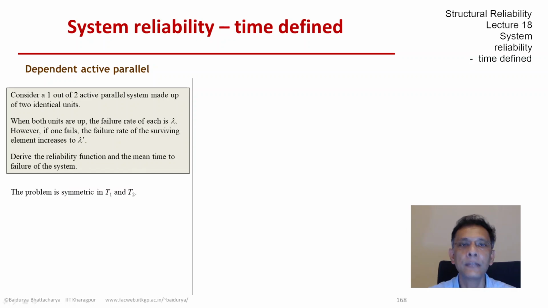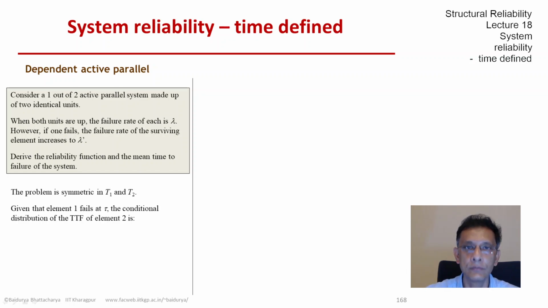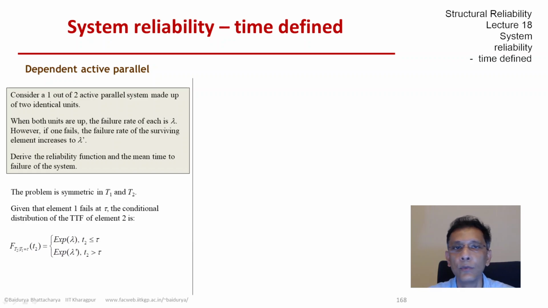So let's take it step by step. We need to recognize in the beginning that this problem is symmetric in T1 and T2, a fact which will be useful very soon. So let's say that one fails first, and we know that then the distribution of T2 changes from one governed by lambda to one governed by lambda prime.